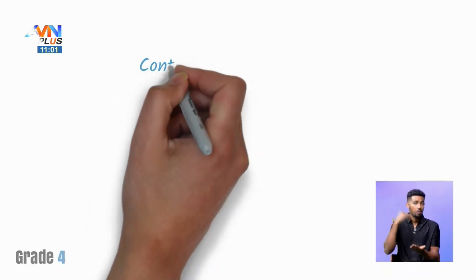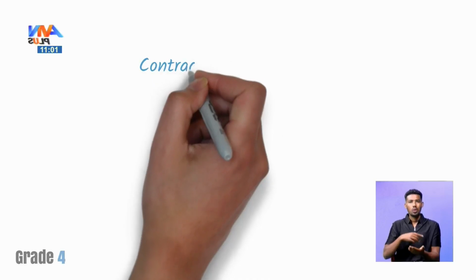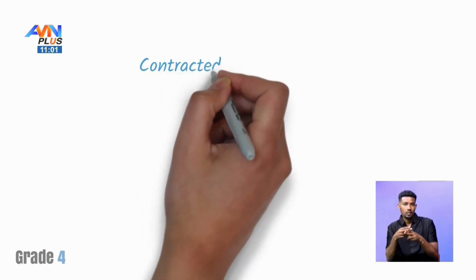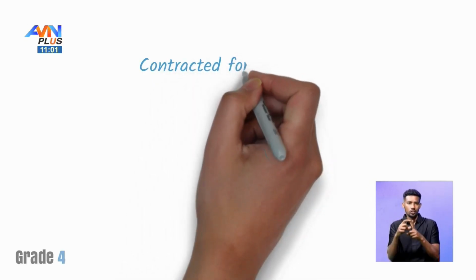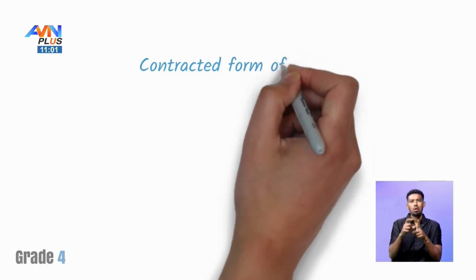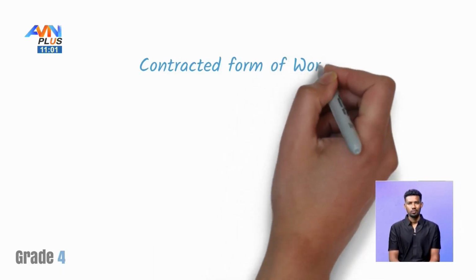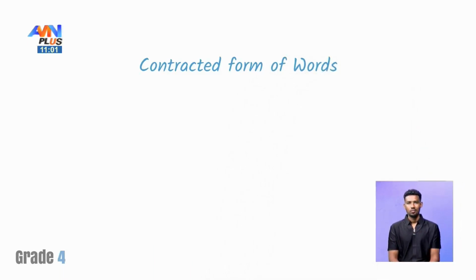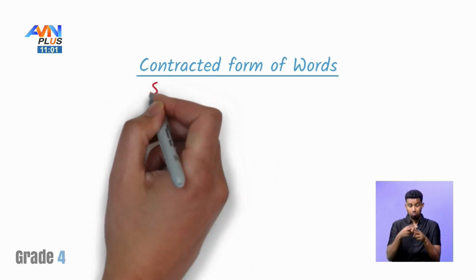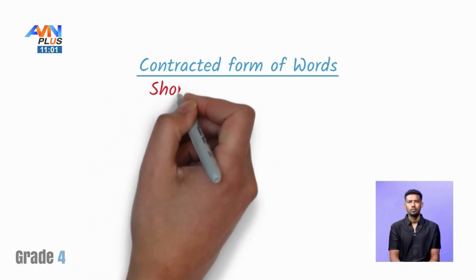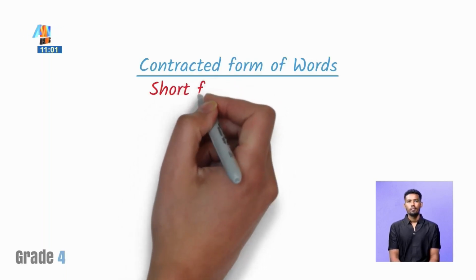Last time we were learning about contracted form of words. When we said contracted, it means short form of words.